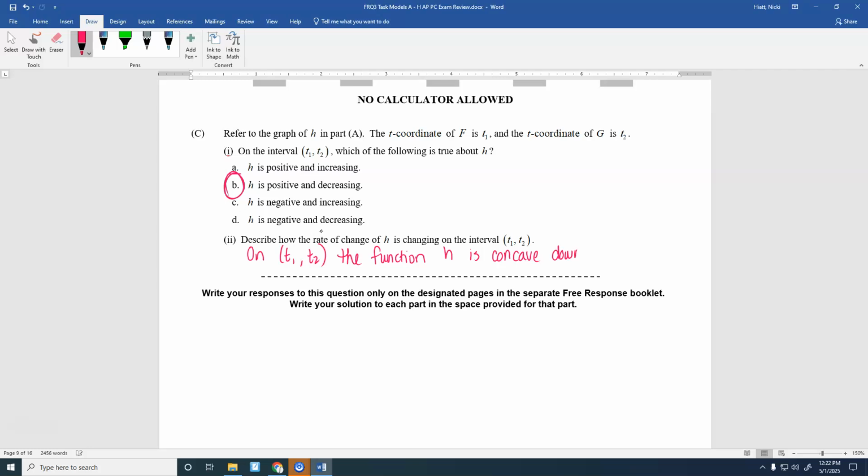And if you say concave down, the rate of change is decreasing. If your answer is concave down, you need rate of change decreasing. If your answer is concave up, rate of change is increasing. There's never a concave down, but my rate of change is increasing. That won't happen.